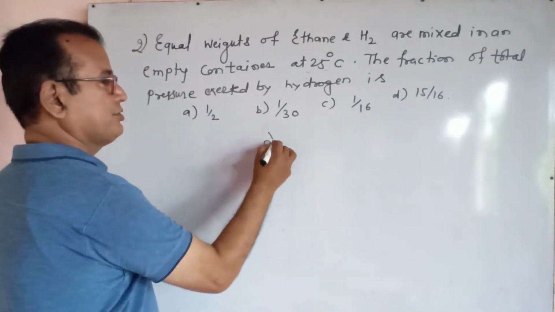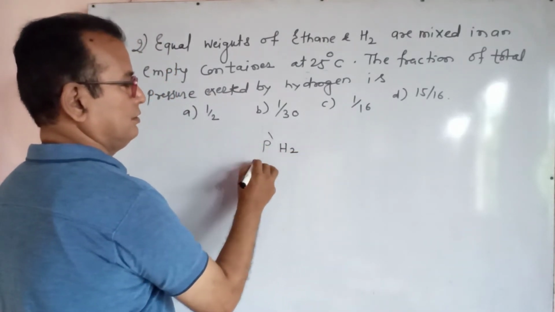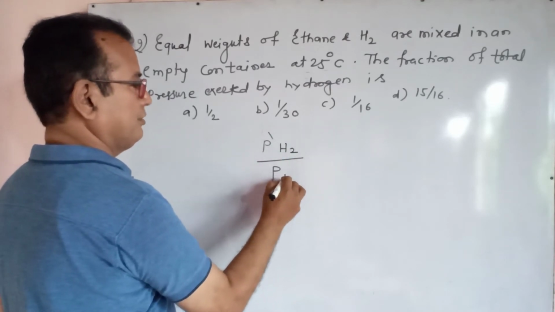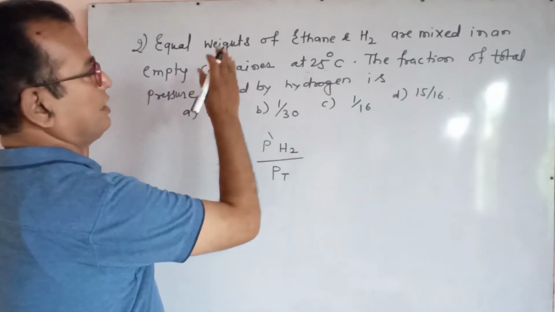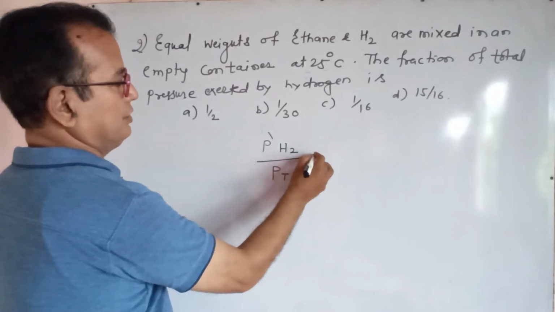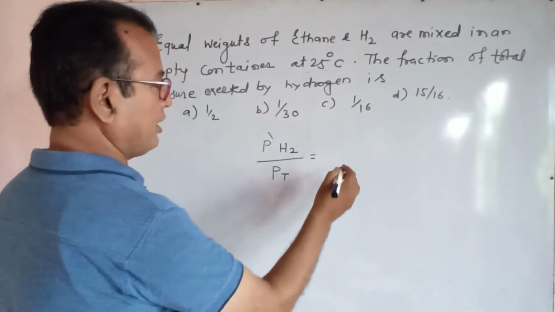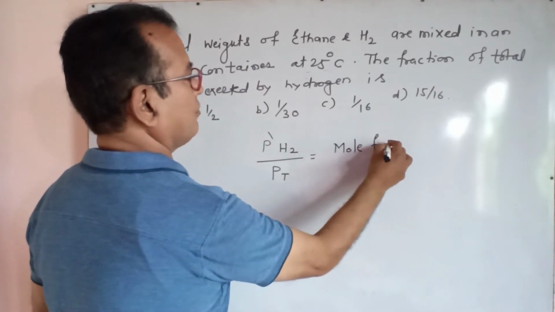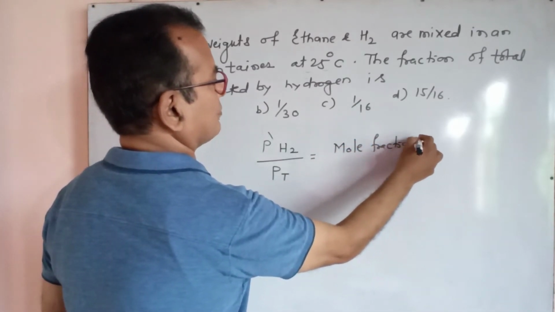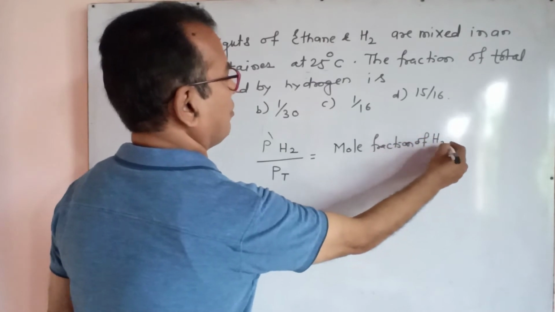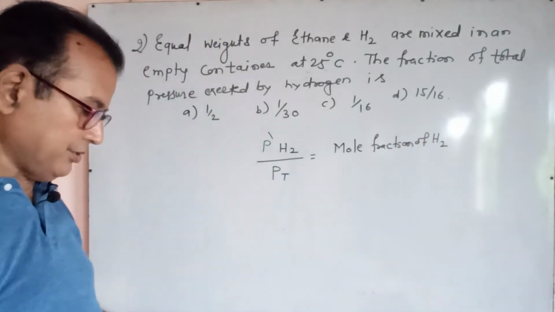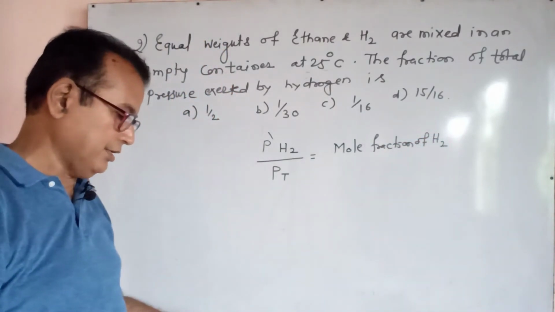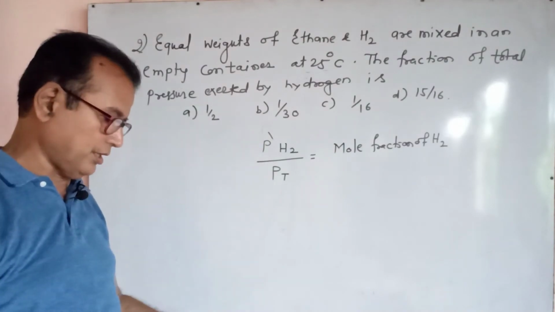The partial pressure of hydrogen divided by the total pressure of the mixture of hydrogen and ethane is known as the mole fraction of hydrogen. So the partial pressure of H2 divided by Pt is equal to the mole fraction of hydrogen.